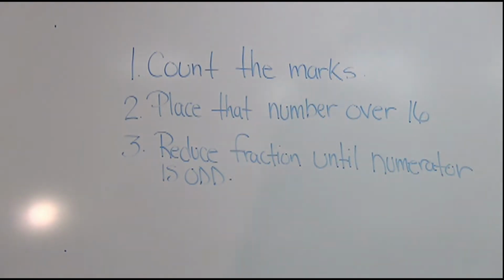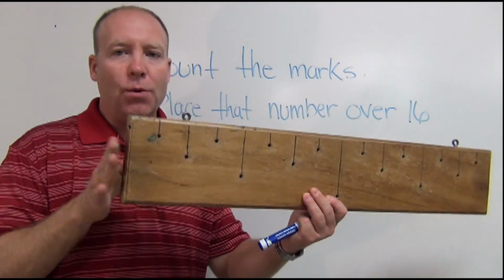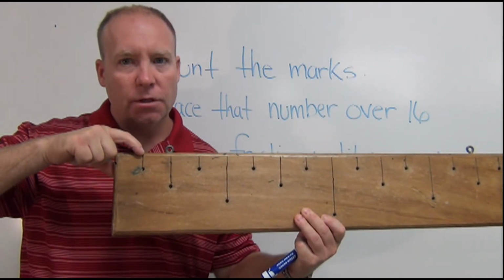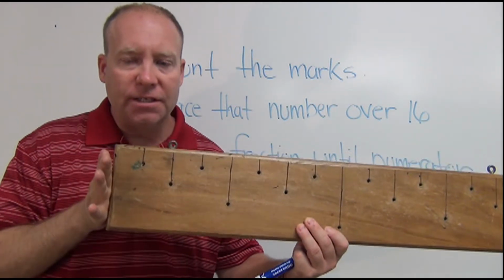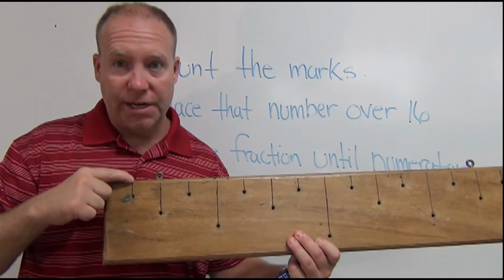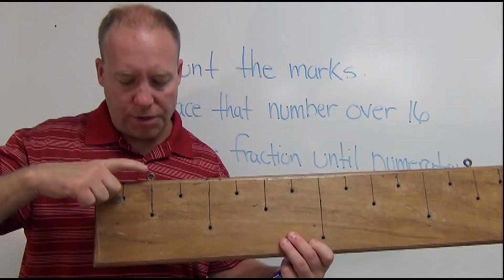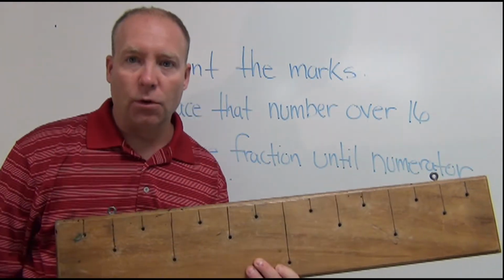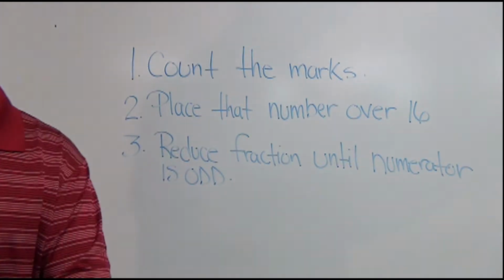Okay? When we count, do we count right here or do we count here first? We count here first. This is 0. This has no value. This first tick is number 1, and so on. We go 2, 3, 4, wherever it is that we're going to stop on the measurement.